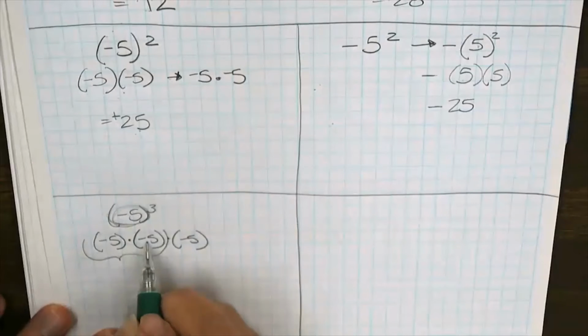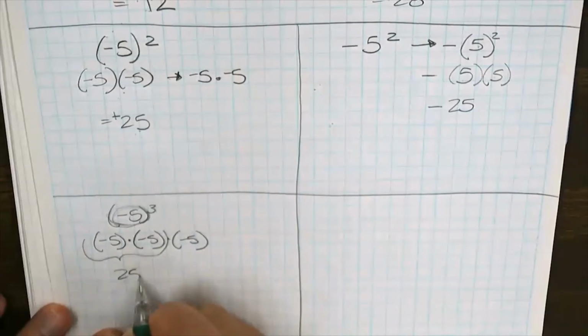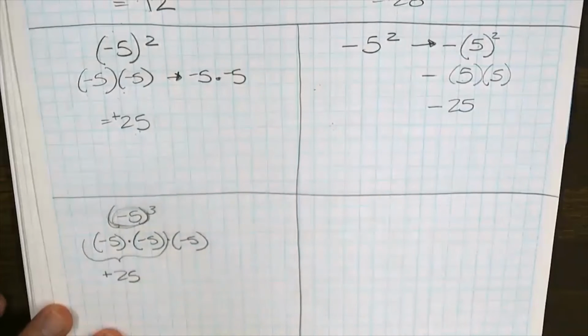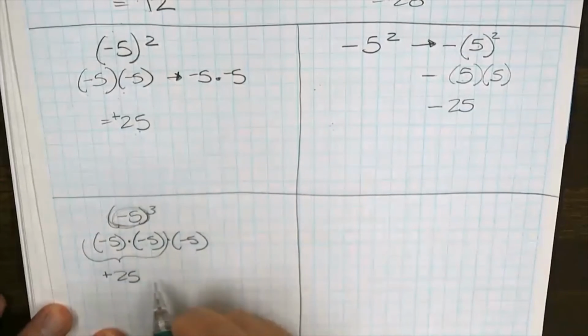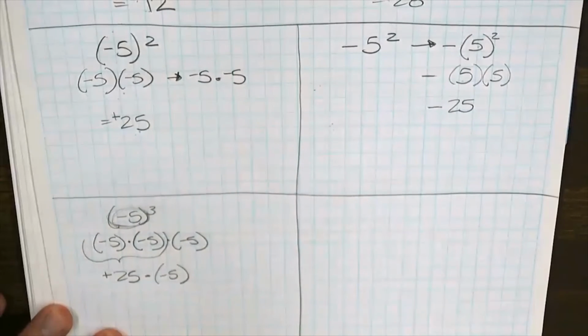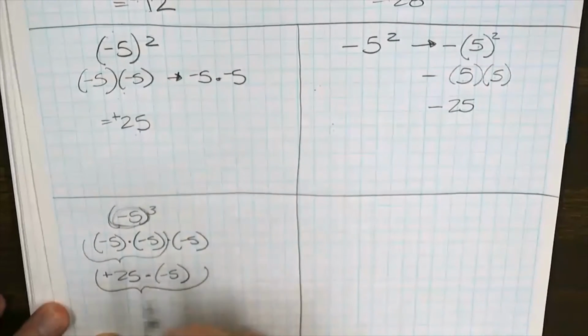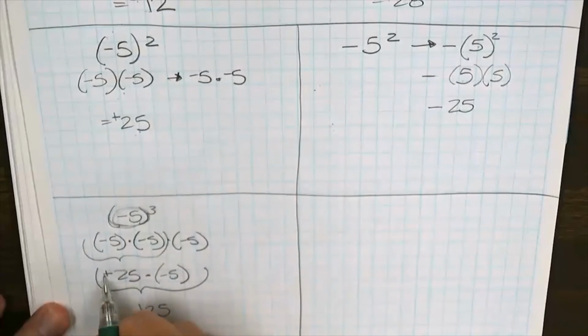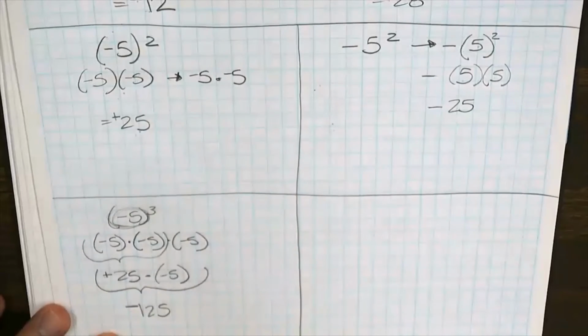Negative 5 and negative 5, that's 25, and since negative and negative are the same, it's positive 25. Then this comes down. So now I have 25 times 5, which is 125, but I have a positive and a negative. So my answer is negative.